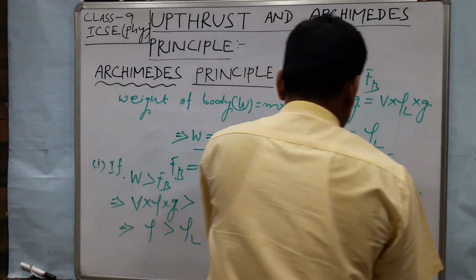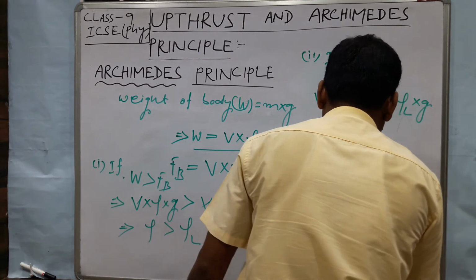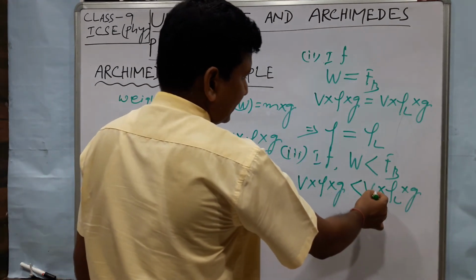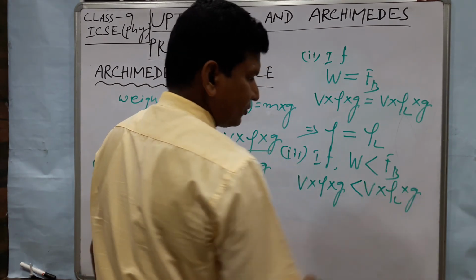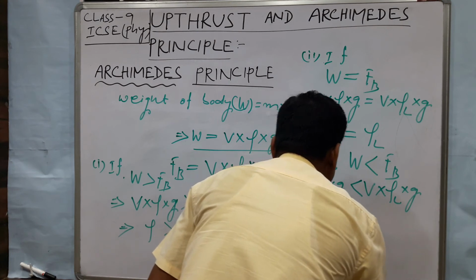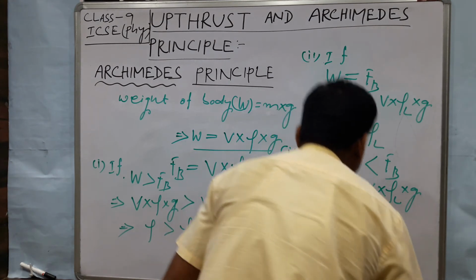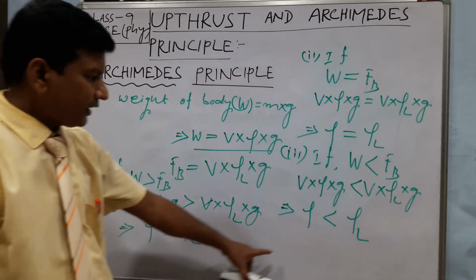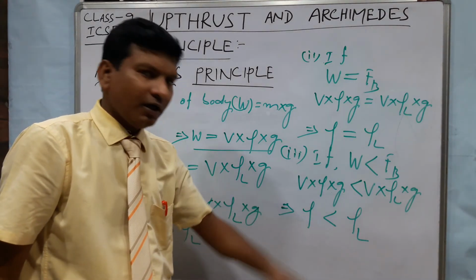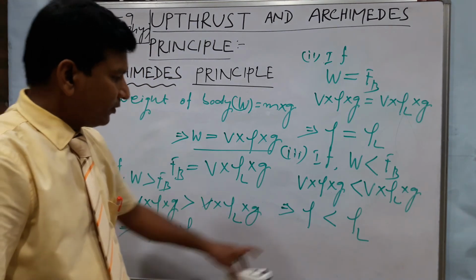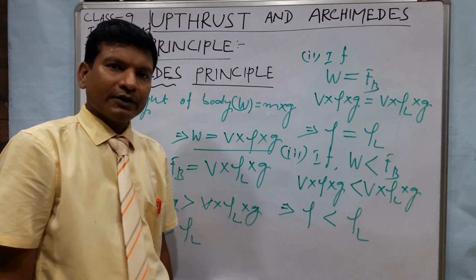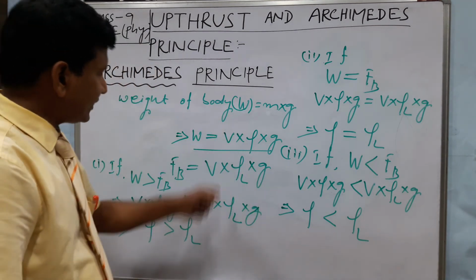So that is here a less than sign. So V rho g is less than V into rho L into g. That implies rho is less than rho L, isn't it? So it shows that the density of the body is less than the density of the liquid. Then the body will float in the liquid or in the water, isn't it?